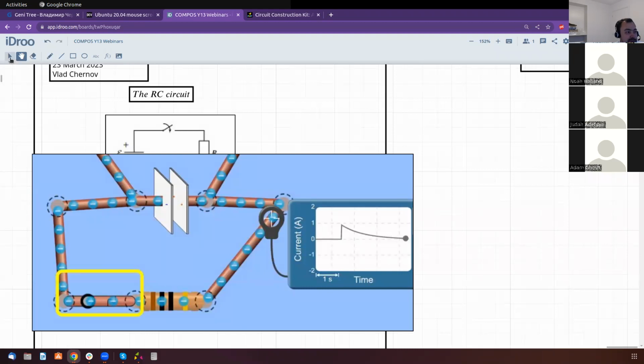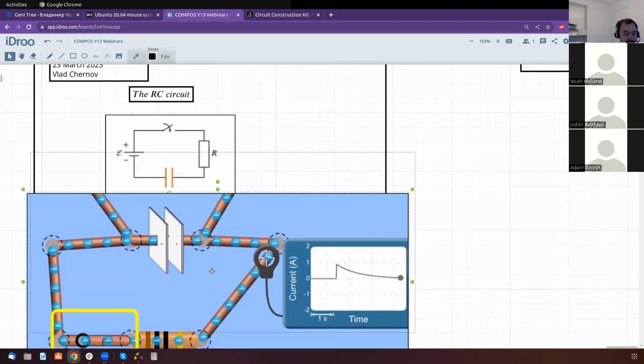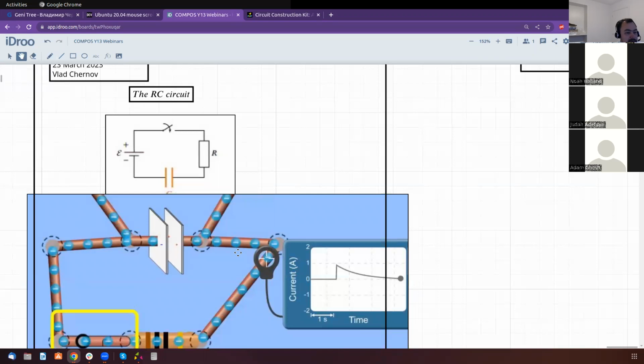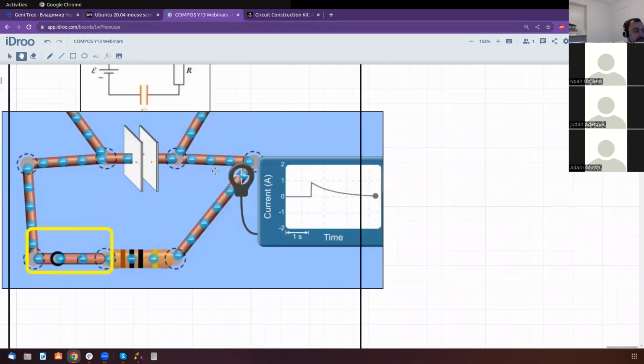This is the discharging of a capacitor. Discharging curve.